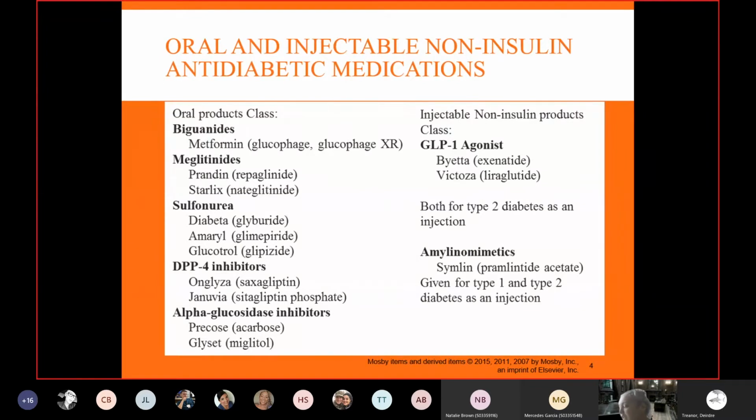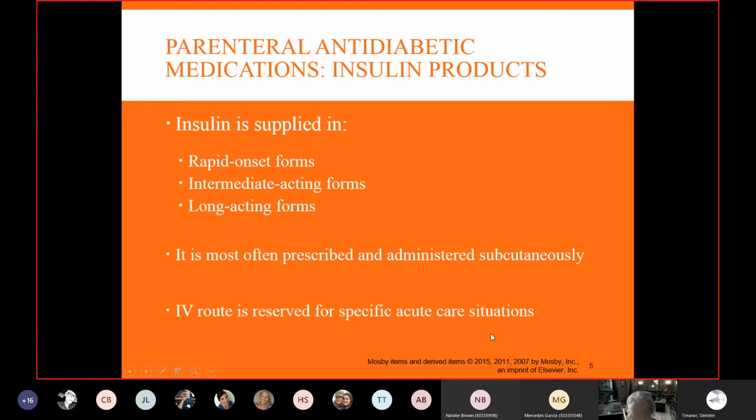The oral and injectable non-insulin medications are a growing number of hypoglycemic agents. They target specific problems within glucose metabolism, and commonly they're used in patients with type 2 diabetes. So you're not going to see a lot of the orals in type 1. Symlin's about the only injectable outside of insulin that you will see used.